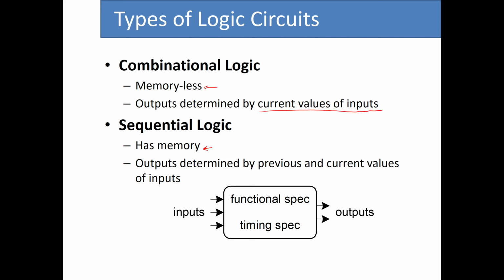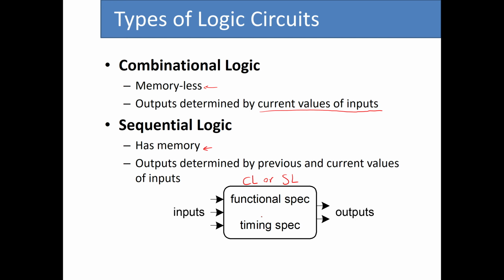Of course, when we get to sequential logic circuits, I will go into much more detail about the subtle differences between different types of sequential logic circuits too. But generally speaking, the generic representation is still the same for both of them. This function can be either a combinational or a sequential logic circuit.